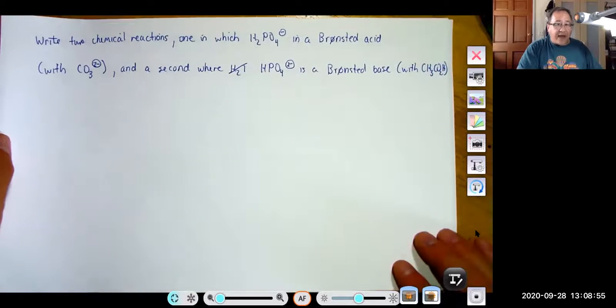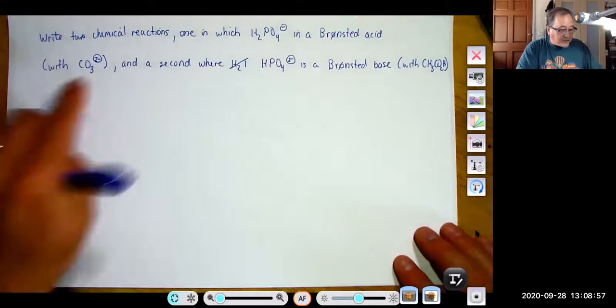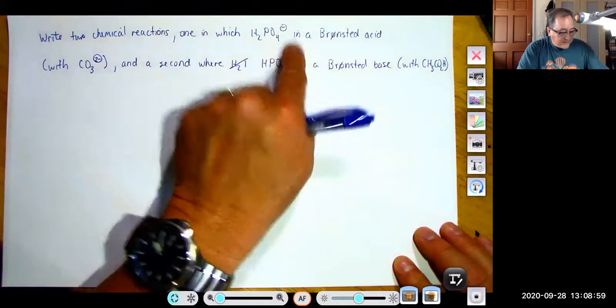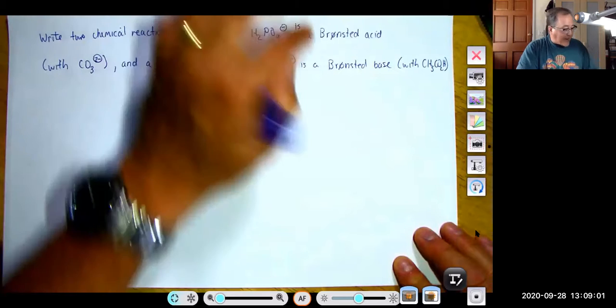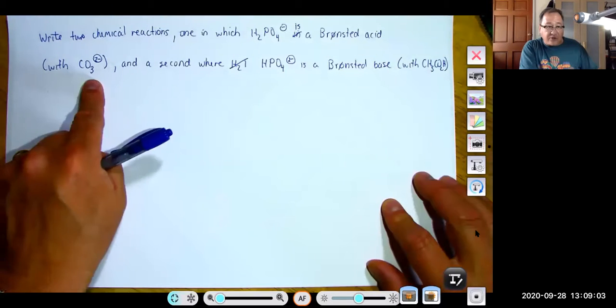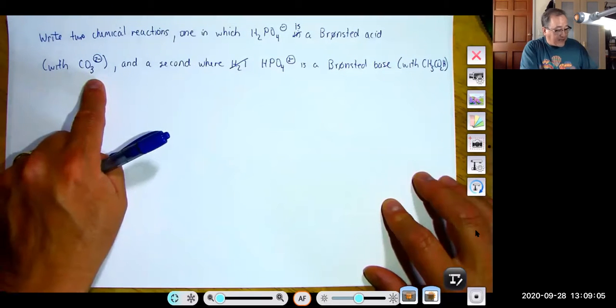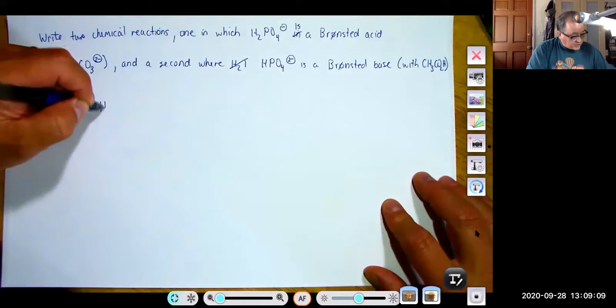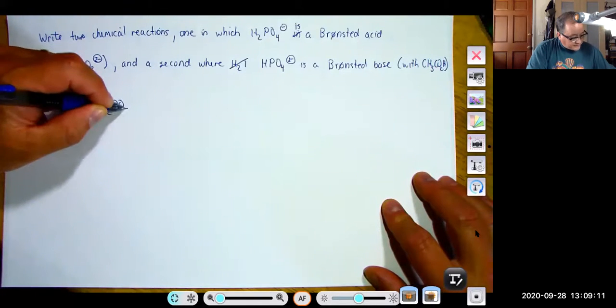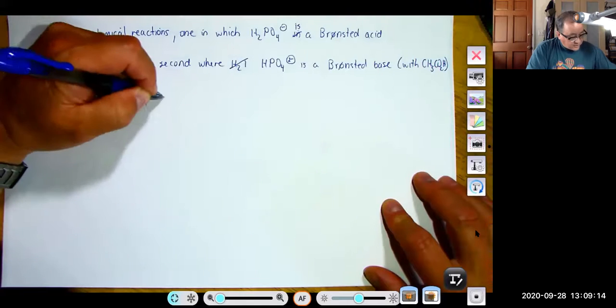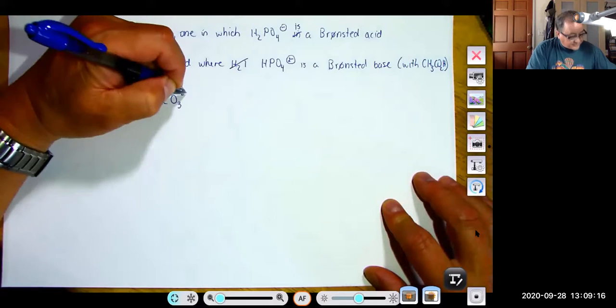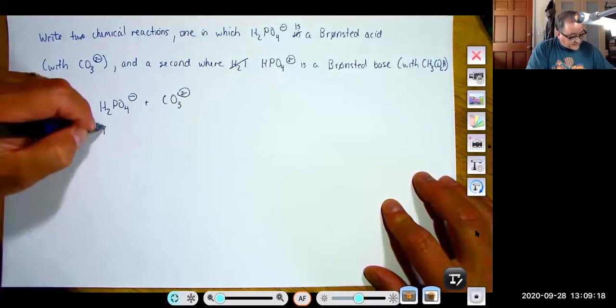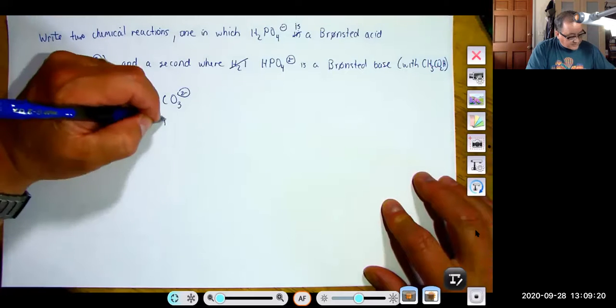Write two chemical reactions, one in which H2PO4- is a Bronsted acid with CO3 2-, and a second where this is a Bronsted base. Okay, so here, H2PO4- plus CO3 2-, they want this to be an acid and they want this to be a base.